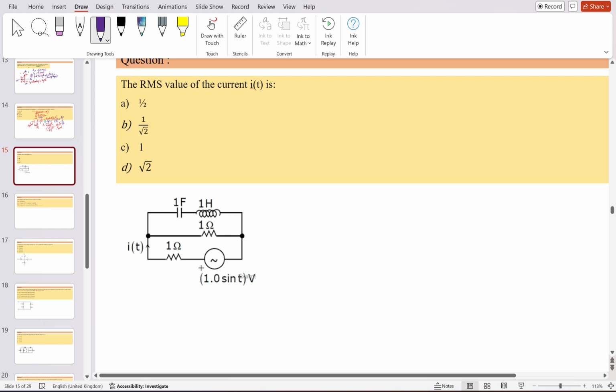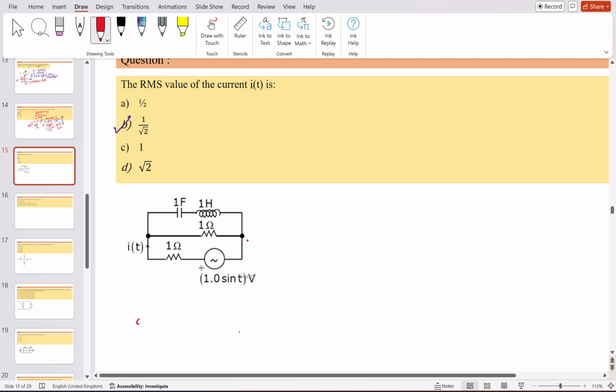Option B, 1 by root 2. Okay. Let's wait for a few more seconds. After that, I will give the solution. Option B. Okay, let's solve it.